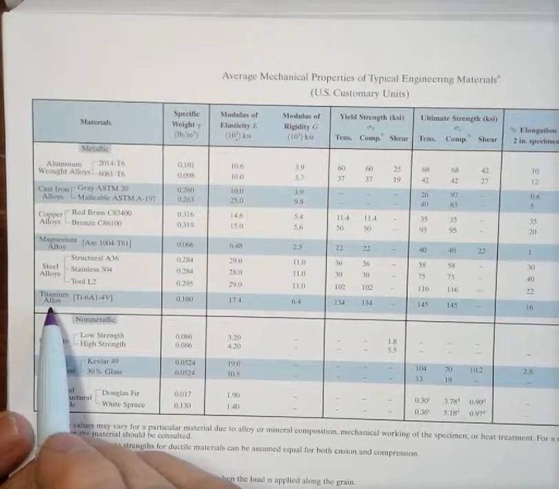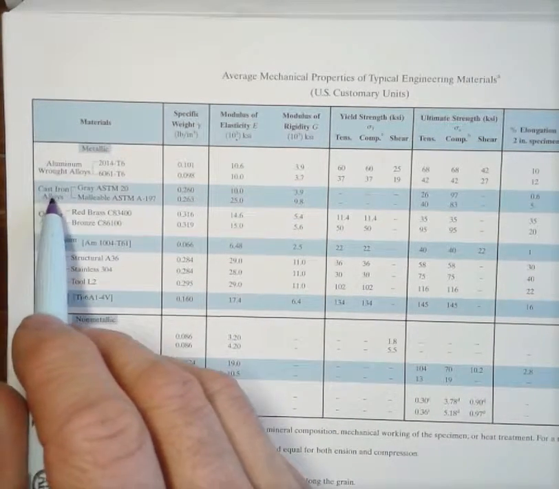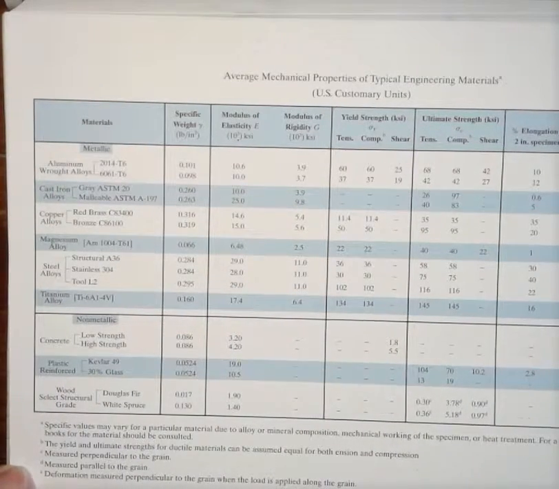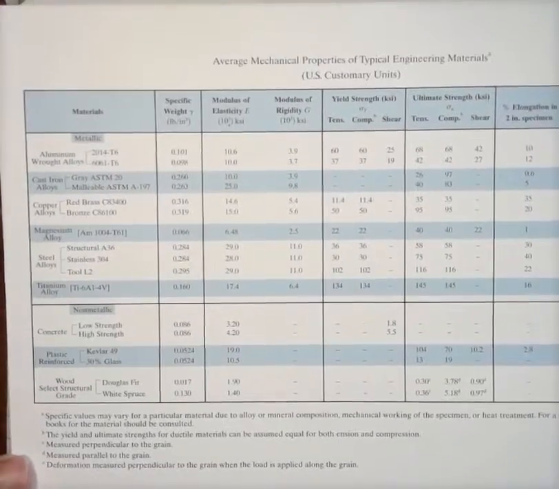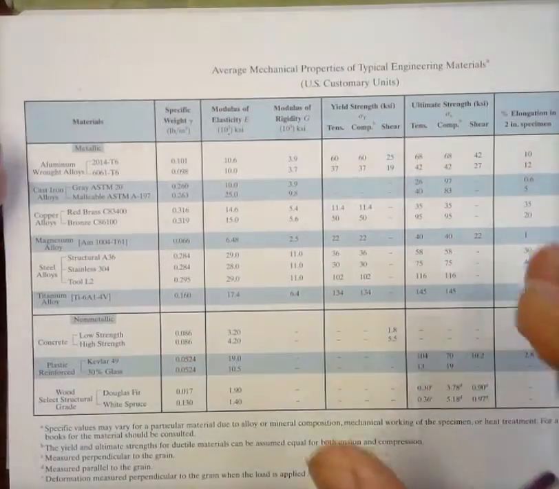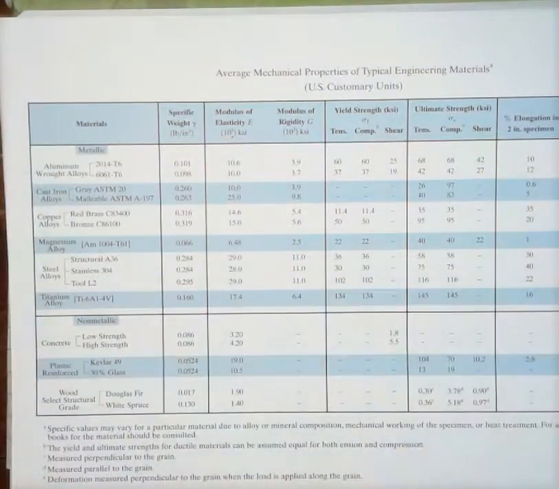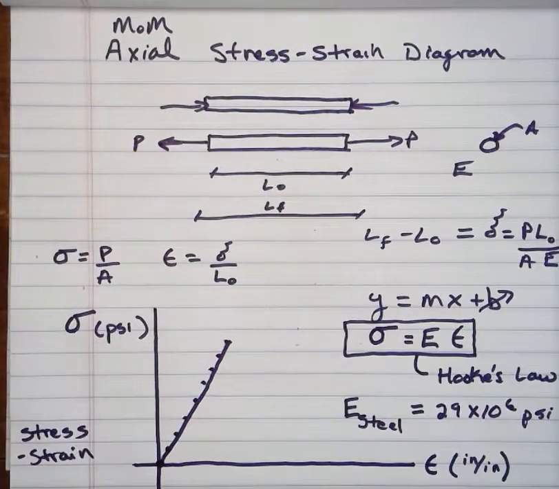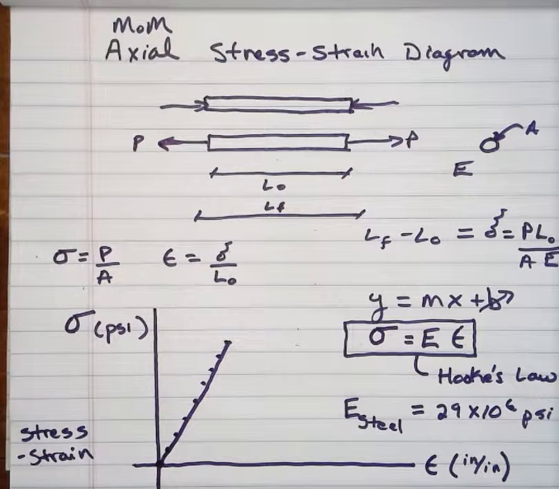We also see titanium and magnesium and copper, cast iron, aluminum, concrete, plastic, wood, and then in the bottom, right there, same table, but for metric rather than English units. All right, there it is, stress strain diagram. I'm going to open to the appropriate page in the book and show you some more details about the stress strain diagram.